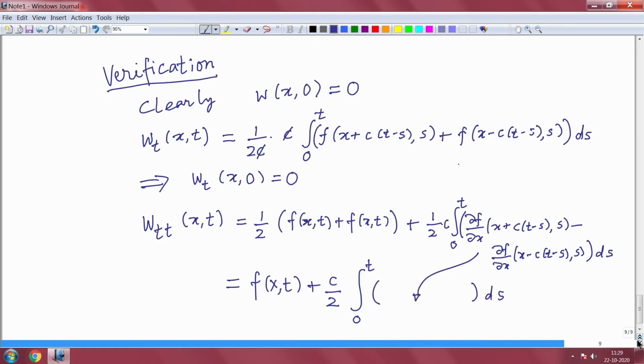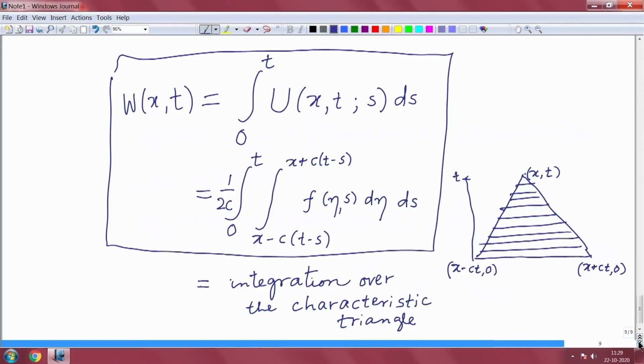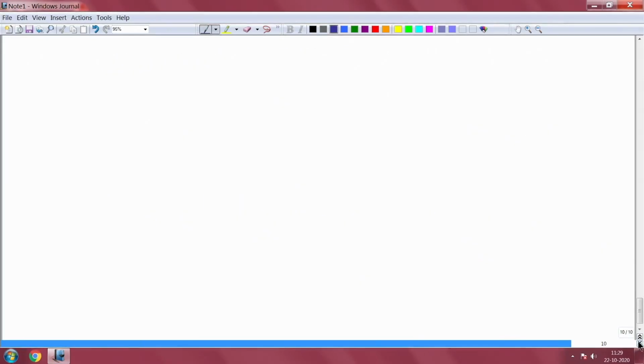Similarly, del f I write directly, because x is only in the integrand. So, there is not much difficulty here.